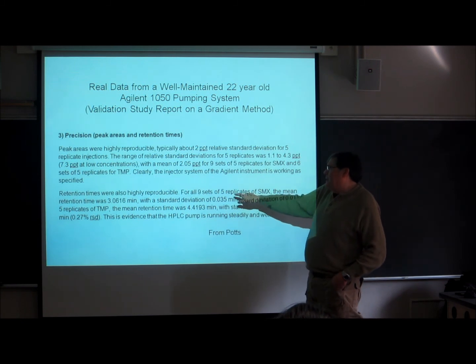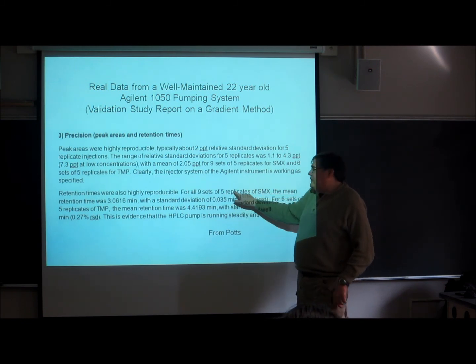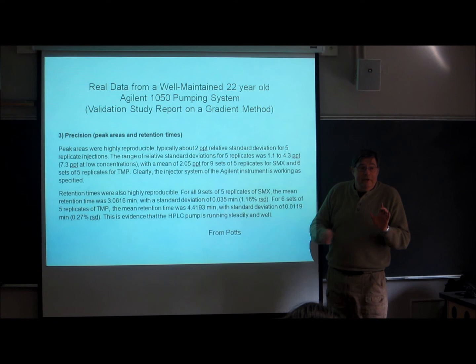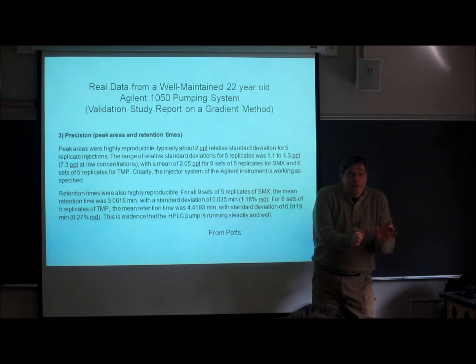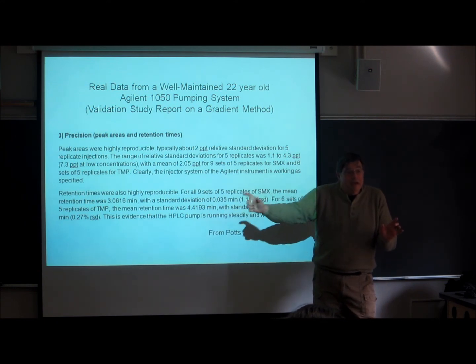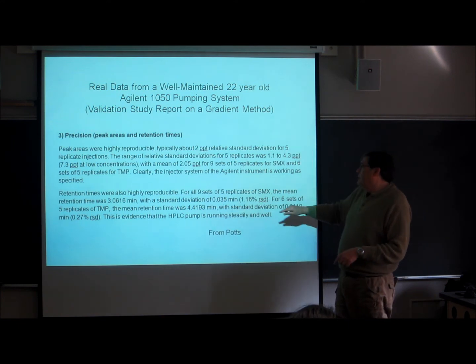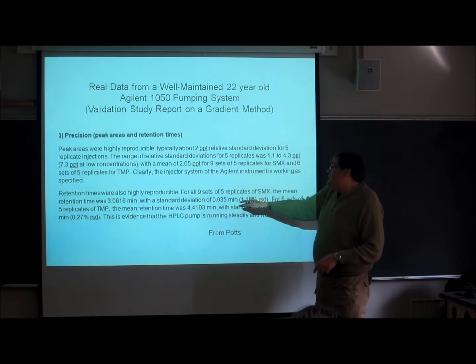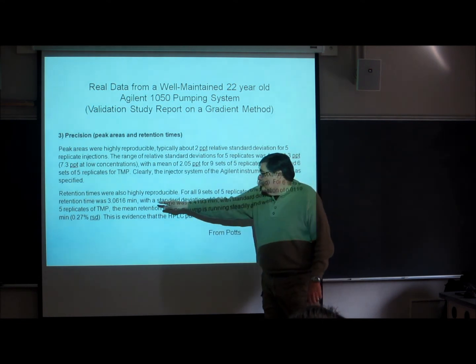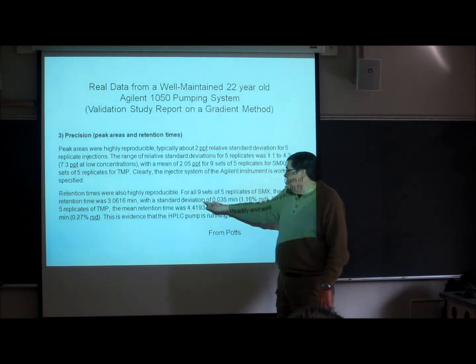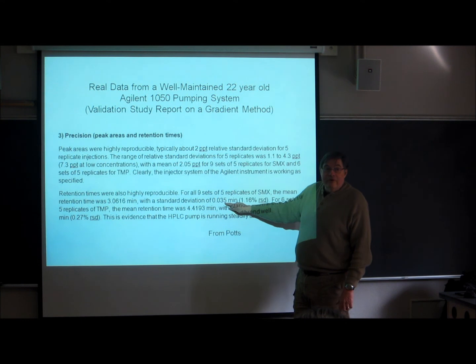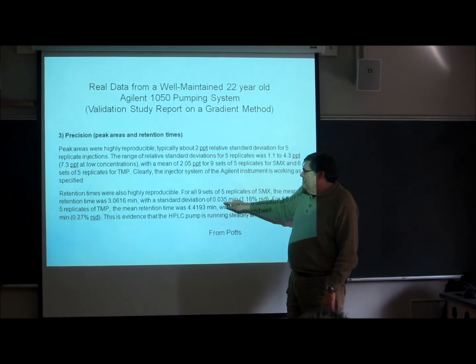Now, this is a little complicated, I apologize for it. 9 sets of 5 replicates, okay? So we take 5 replicates of a sample, and we do that 9 times, all right? And we were doing that with making a working curve. The mean retention time was 3.0616 minutes with a standard deviation of 35 milliminutes. That's milliminutes, you never heard that before. It's science, it's good.